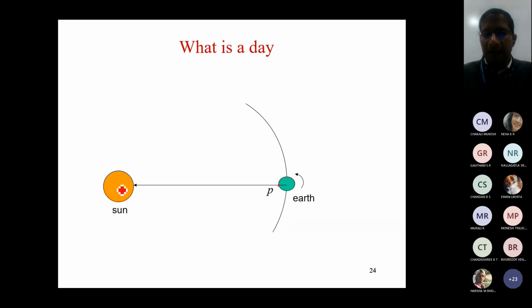If we make a line joining the sun's center to the Earth's center, that line will cross at the point P. So we can say the point P is completely focusing towards the sun.